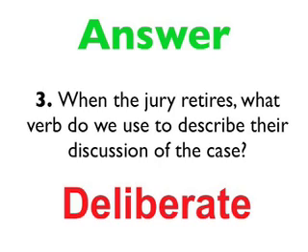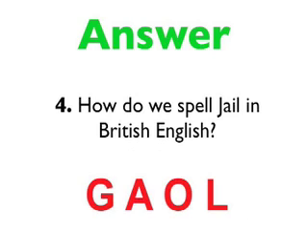When the jury retires, we say that they will deliberate the case. And lastly, 4. How do our British friends spell jail? G-A-O-L. But remember, it's pronounced the same as the American word jail, J-A-I-L, regardless of the spelling difference.